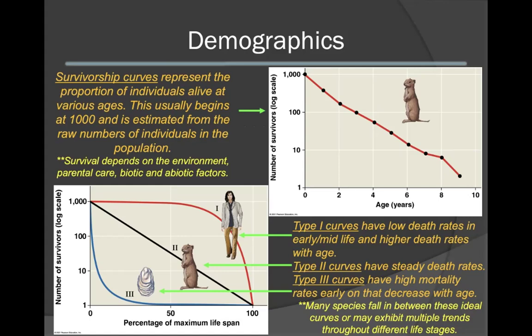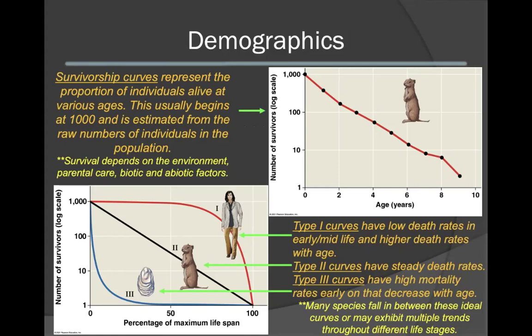Within the study of demographics, survivorship curves can be generated. These curves represent the proportion of individuals that are alive at the various age groups. Usually this begins at 1,000, as seen in the table in the previous slide. This is usually estimated from raw numbers of individuals that are present in the population. These are typically surveyed by researchers or ecologists.